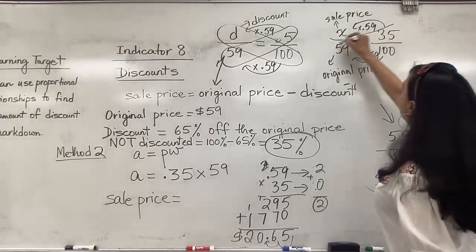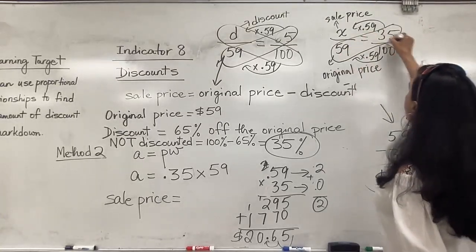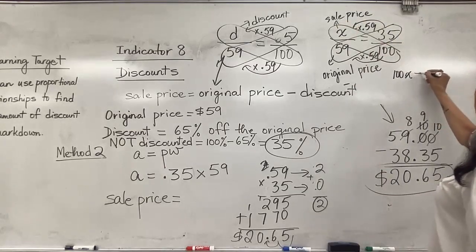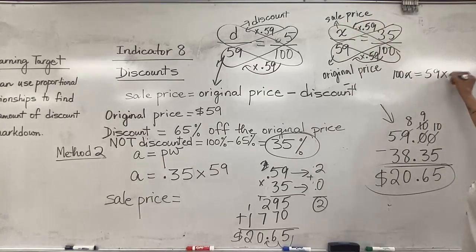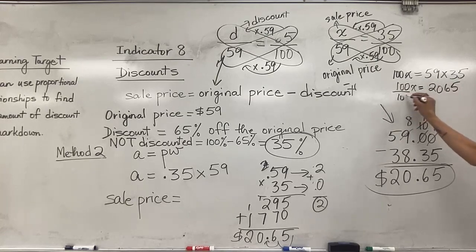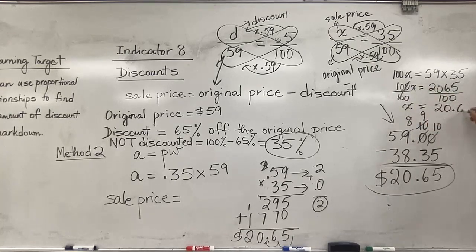Or I could have done in this case what? Cross products: 35 times 59, 100 times x. 100x is equal to 59 times 35, and I would get 100x is equal to 2065. And so again, division property of equality, and I get what? x is equal to $20.65.